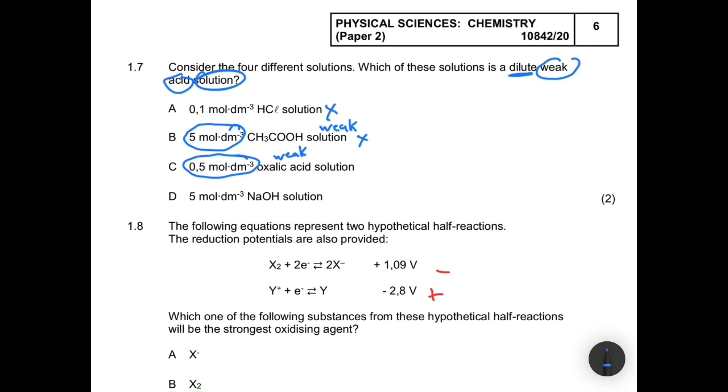It's sort of dilute, not very concentrated compared to B. Here we're considering the oxalic acid, and let's look at option D. Option D, we have NaOH, which is a base. So obviously our answer is C, because it's dilute and it's weak. Maybe if there was another weak and more dilute acid, then we would go with it. But clearly it is the only one that is dilute and weak.